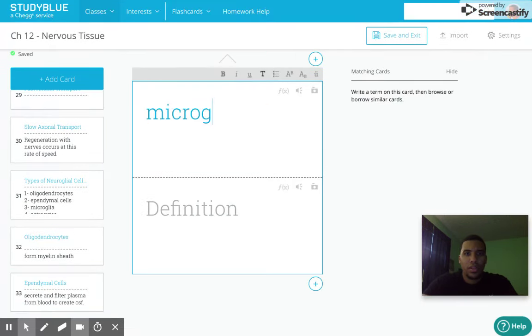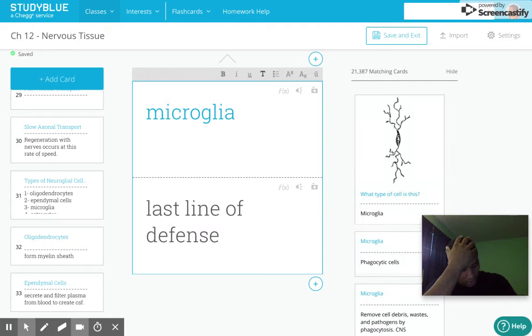Your microglia, last line of defense, and they are your modified leukocytes. Sorry, this is taking a really long time. Fourth, astrocytes, most abundant glial cell in the central nervous system. They cover the entire brain surface and most non-synaptic regions of the neurons and the gray matter of the central nervous system.